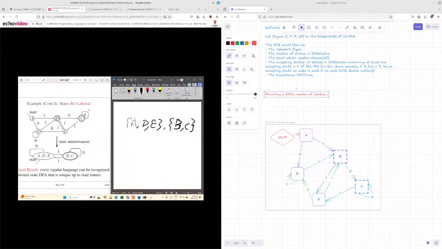This is an optimistic assumption. If that's the case, you can easily obtain a DFA by simply collapsing all the corresponding edges. But this could be wrong.